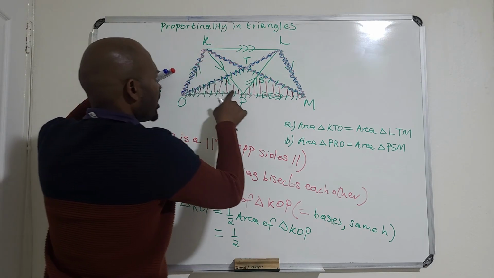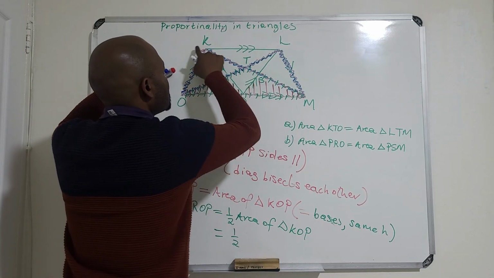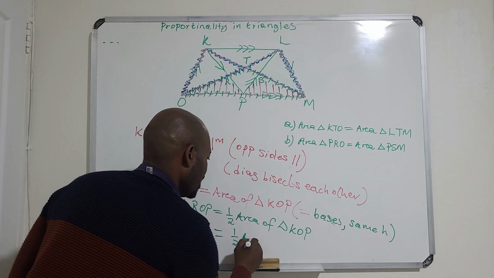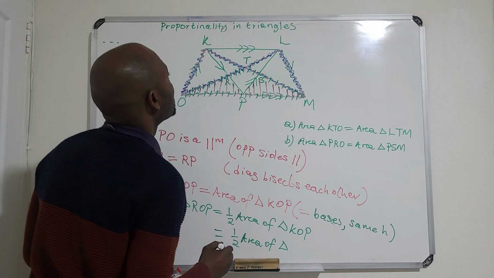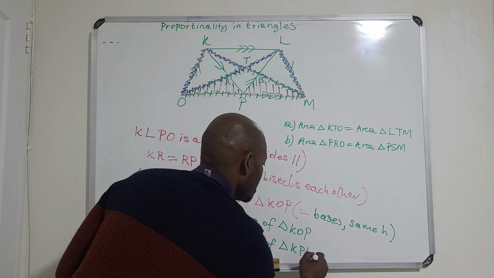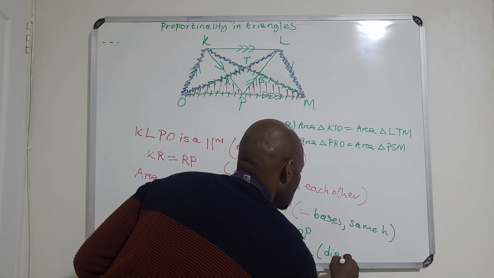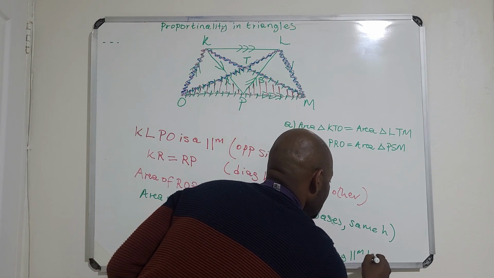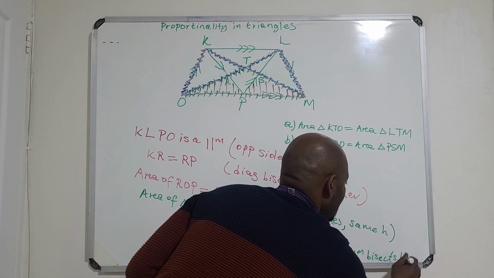It is also equal to half of that, which is also equal to half the area of triangle KPL. Reason why we're saying that? Diagonals of a parallelogram bisect the parallelogram.